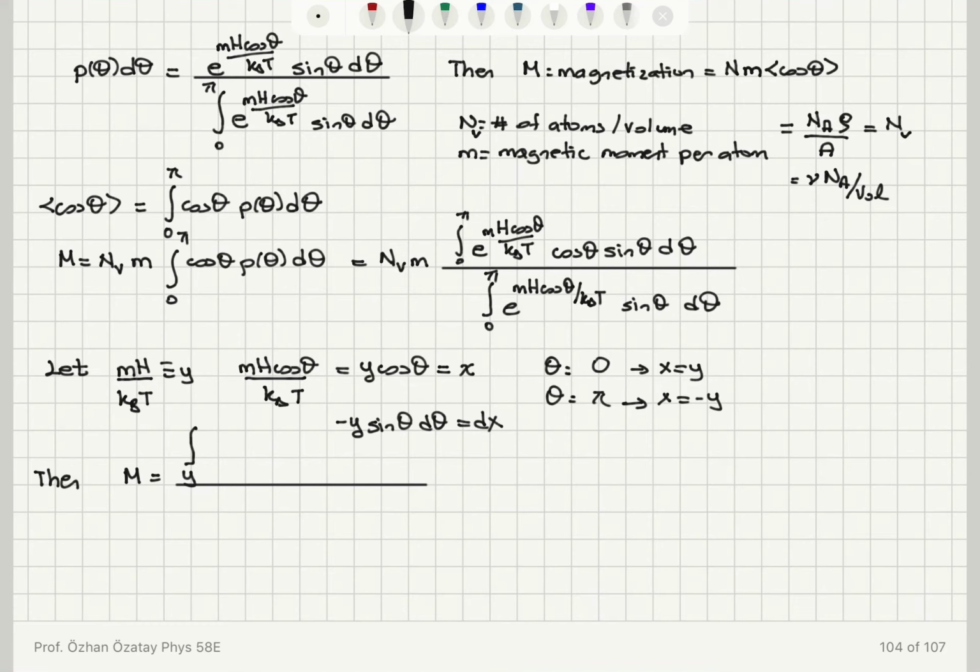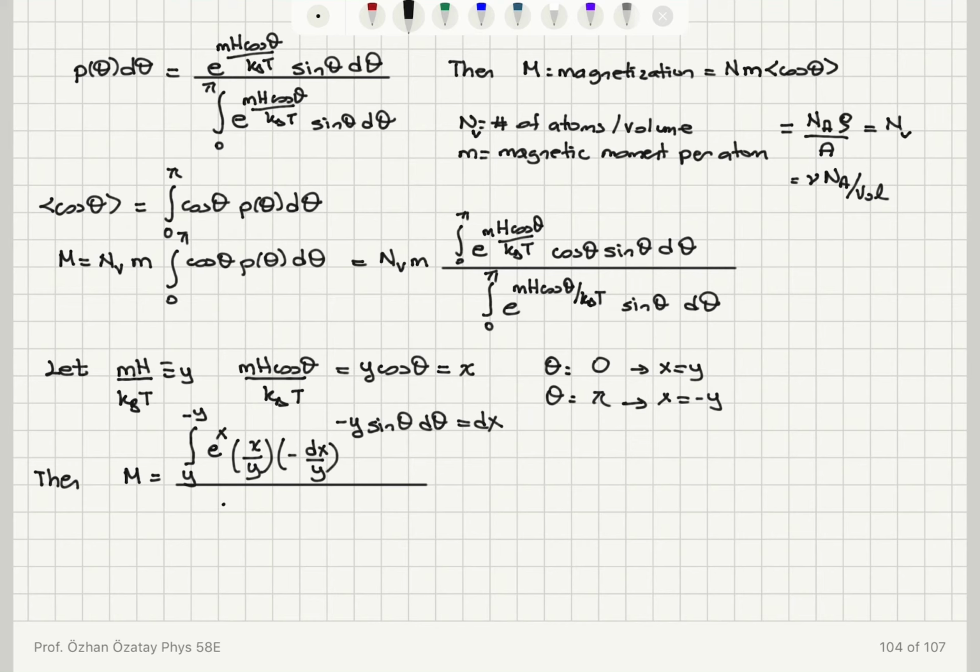When theta is equal to pi, x is equal to minus y, e to the mh cosine theta over kT, that is e to the x. And then I have cosine theta is x divided by y, and sine theta d theta is minus dx divided by y.